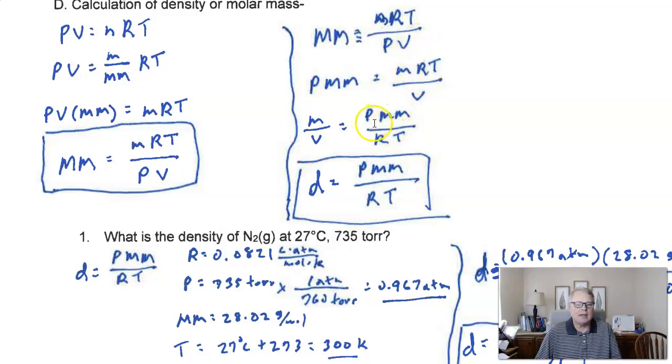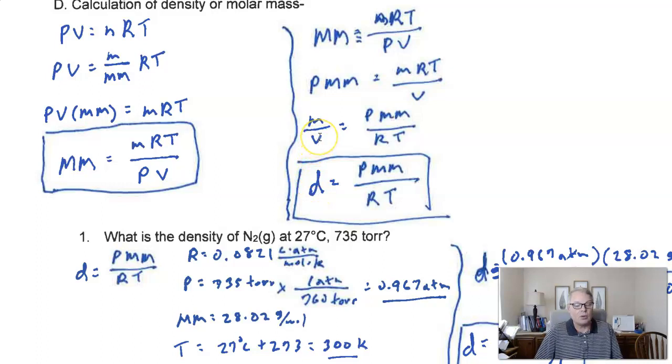So that gives me P times molar mass over RT. So what have I got left over here? Well, I've still got the mass and I've still got the volume. Now, why would I want to do something like that? Well, because what is mass divided by volume? Well, that's density. So what I can do is take this mass over volume here and replace that with a little d, and that's density.